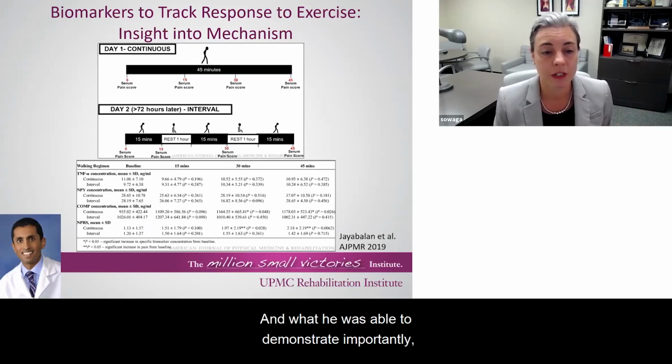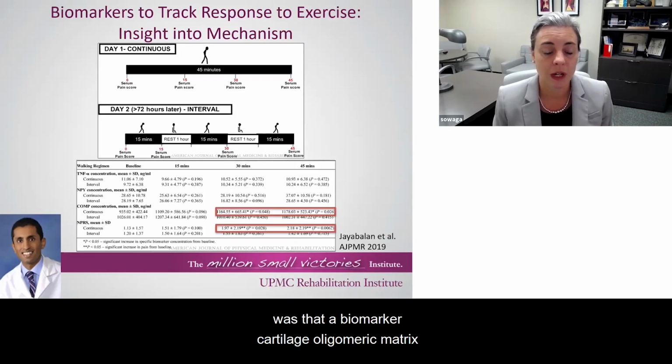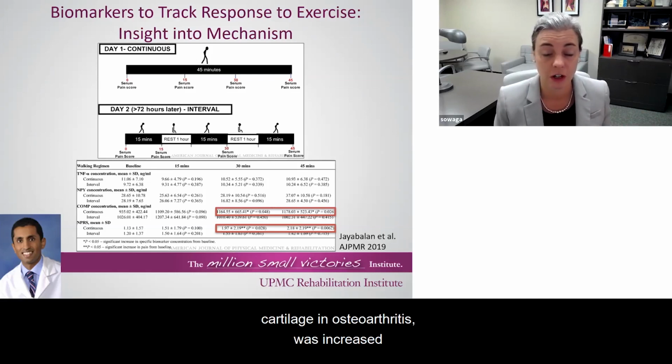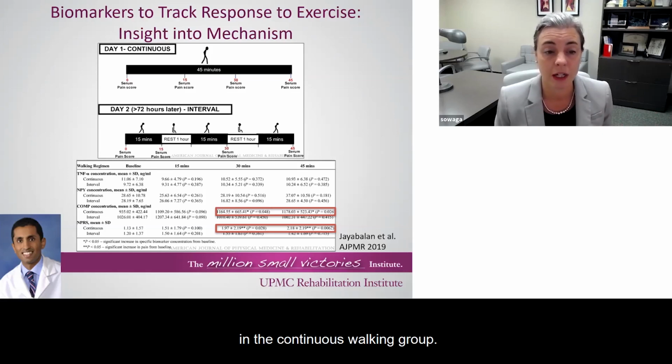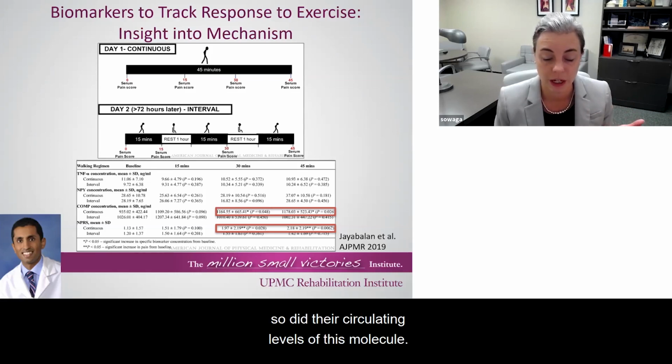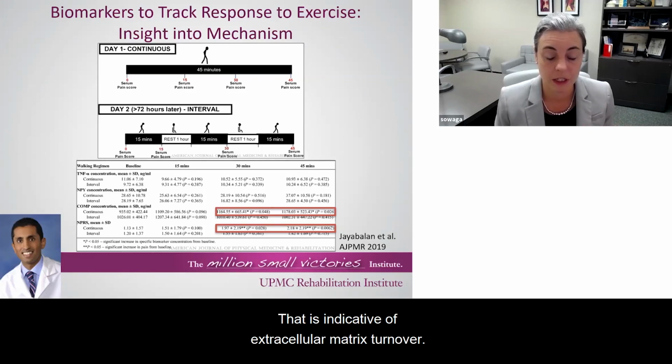And what he was able to demonstrate, importantly, was that a biomarker, cartilage oligomeric matrix protein, which is important in the turnover of articular cartilage in osteoarthritis, was increased in the continuous walking group, as was their pain level. So when the patient's pain level in that continuous walking group started to increase, so did their circulating levels of this COMP molecule that is indicative of extracellular matrix turnover.